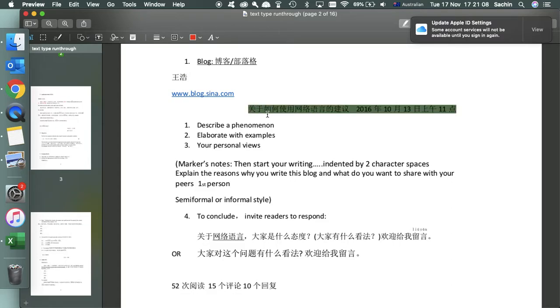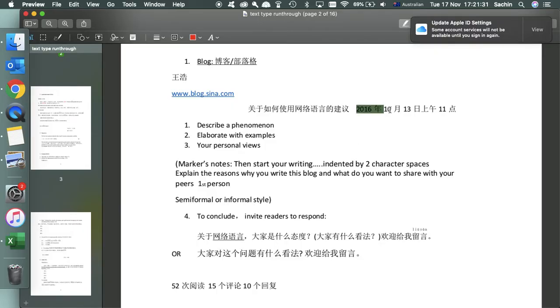And then important things are the title. What's the title of your blog post? What's it about? So in this case, it's 关于如何使用网络语言的建议, about how to effectively use internet language, suggestions.